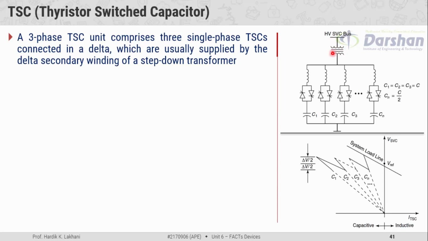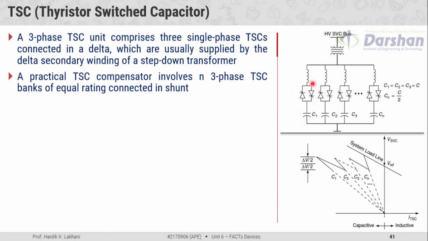In the coupling transformer, the secondary winding is normally of delta type, and that delta secondary winding supplies a three-phase TSC. The construction of the three-phase TSC is nothing but three units of single-phase TSCs connected in delta manner.